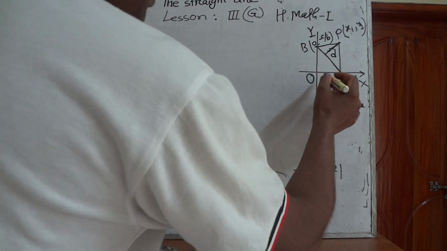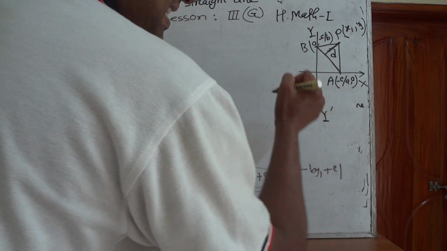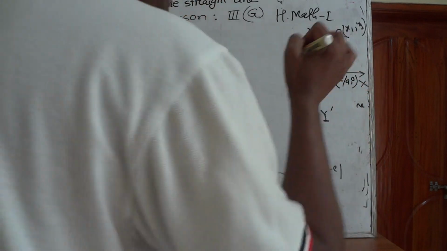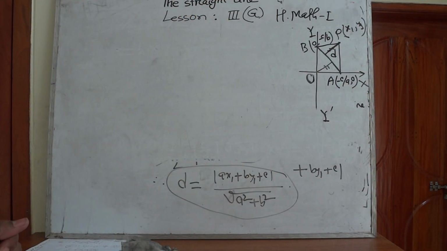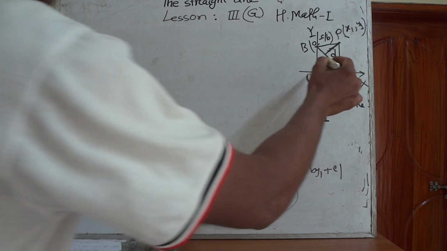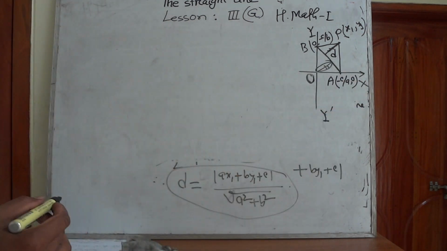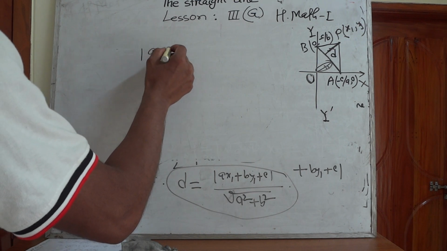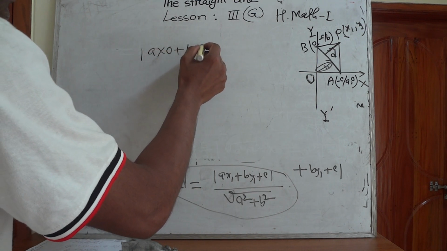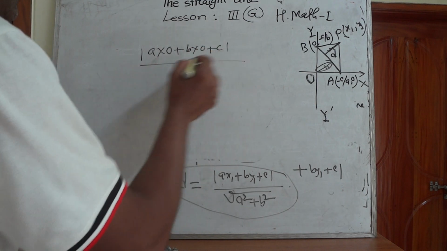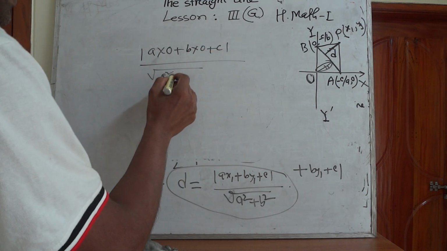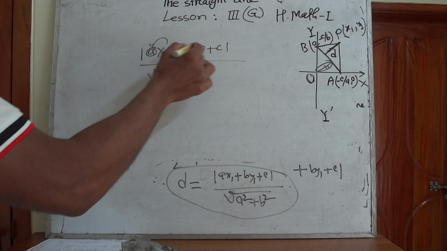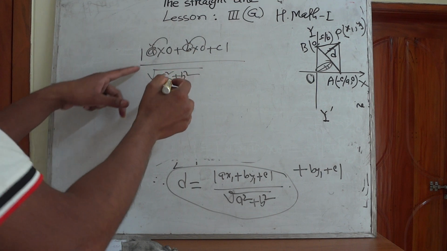Now, if the origin is given, so from the origin to the straight line, what will be the perpendicular distance? That distance will be the absolute value of A into 0 plus B into 0 plus C, divided by square root over A square plus B square, the coefficients of this.